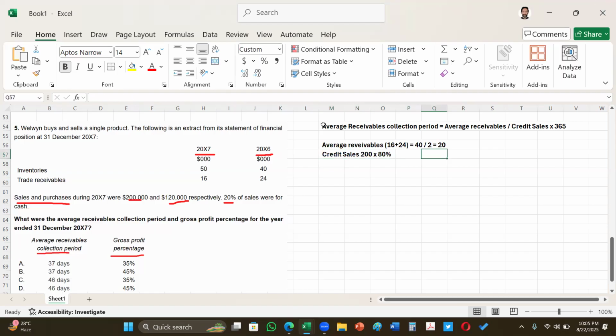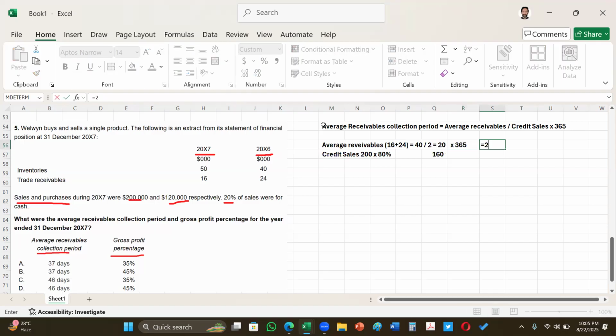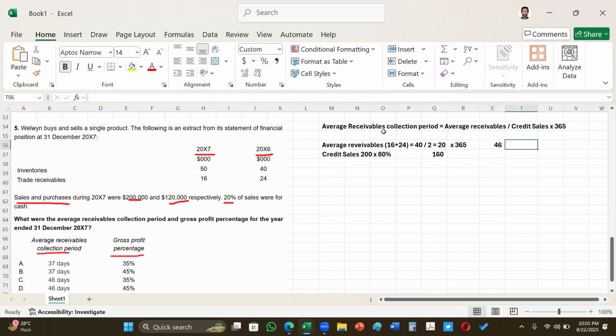So there I get 160. So I've got 20 average receivables divided by credit sales, multiplied by 365. That is 20 divided by 160 multiplied by 365. The answer, rounded, is 46 days. So this is one part done.